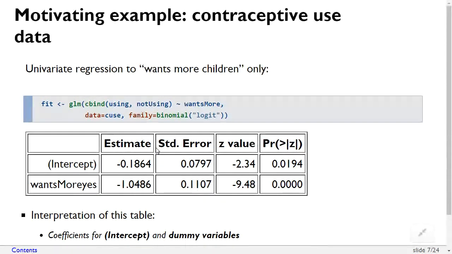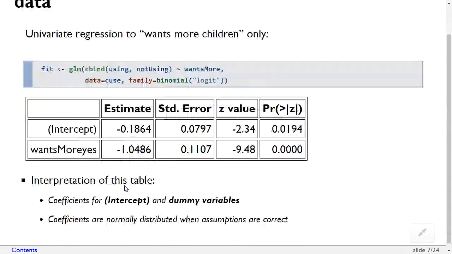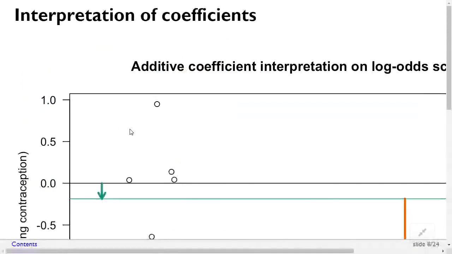The log odds is negative, so the probability is something less than 0.5 but greater than 0. What about this estimate? Wants more. What does this mean? I won't torture you. I made a figure here.